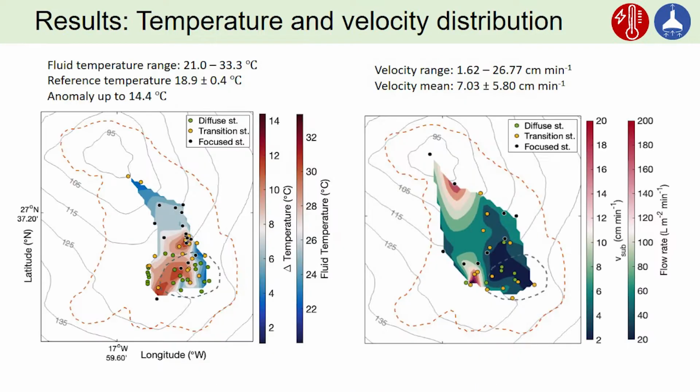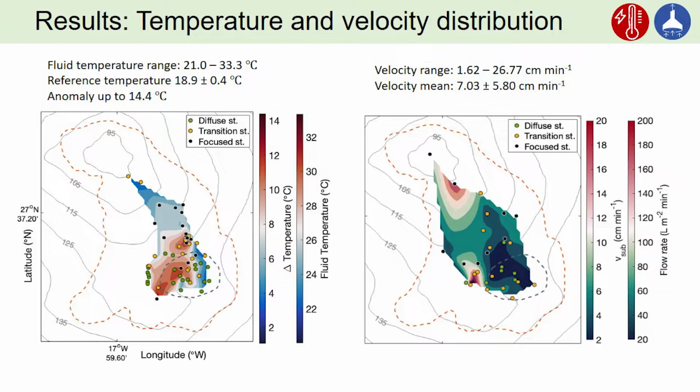So doing that, we have the same figures as the previous one with the location of all the stations, but now they are colored by the venting structure, the different venting regime. And the temperature values here were interpolated just to cover the space between stations, the same as velocities.